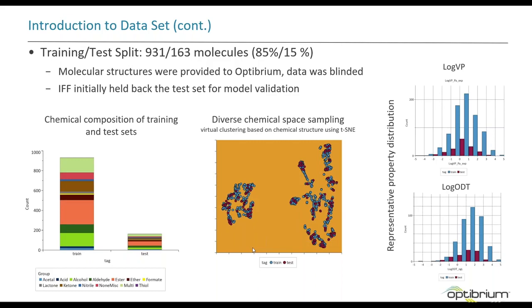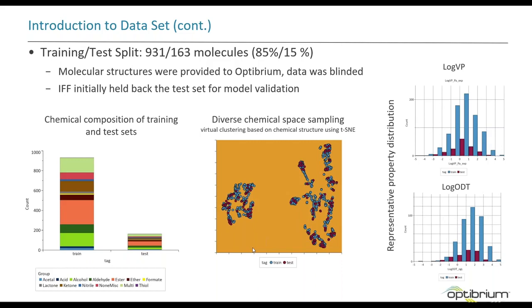The experimental part was blinded, and the training portion, along with the chemical structure, was sent to Optibrium for model building and validation. And when the models were ready, we provided Optibrium with the test set for independent evaluation.